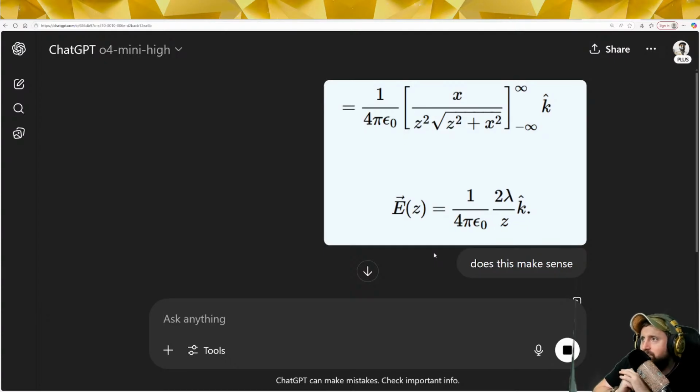That's nuts. Because if x is infinity, you have infinity over the square root of infinity. Yeah, sure, there's a factor of 2.